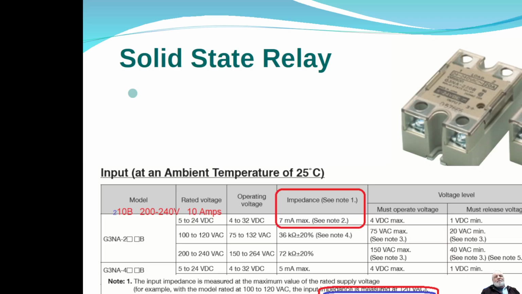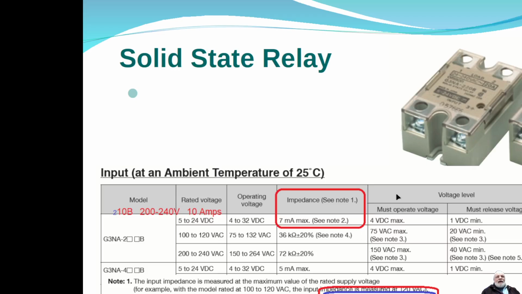So again, you cannot power this directly from something like a BeagleBone that can only output 4 to 5 milliamps. Even 7 milliamps would be too much. To make this activate, they're saying a minimum of about 7 milliamps for the one that we have in the classroom, and up to a maximum of about 15 milliamps through that LED.